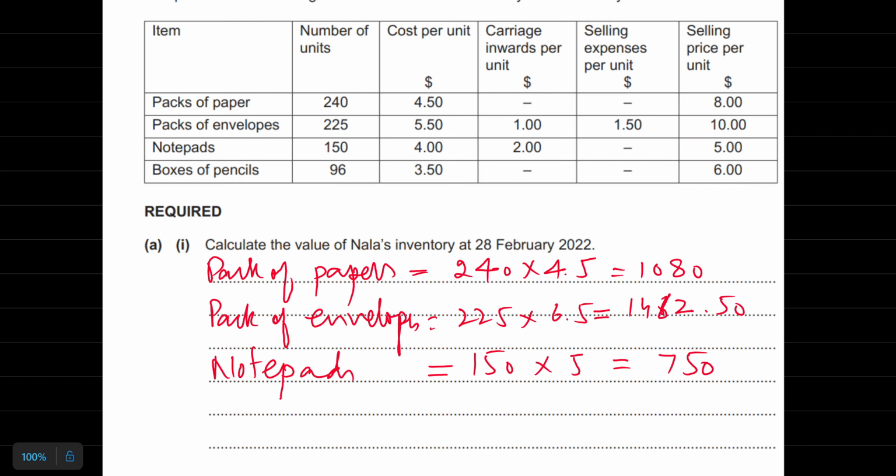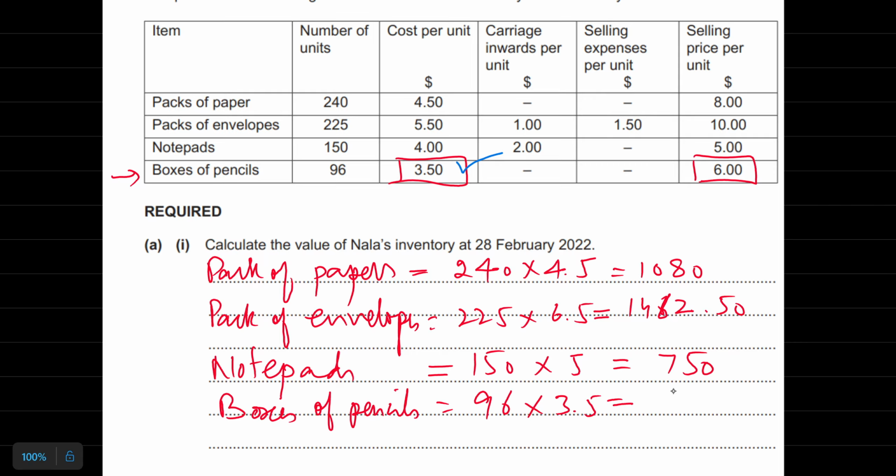And for number 4, boxes of pencils. Cost is 3.5 and net realizable value is 6, so we will record it as 3.5. So 96 into 3.5 will be equal to 336.